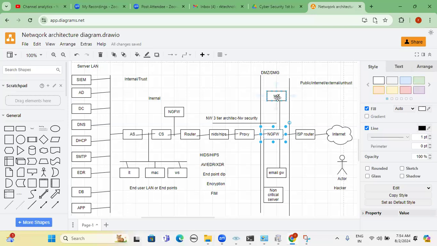What will this web application firewall do? A web application firewall will prevent and block all OWASP Top 10 categories of attacks. Especially on the application side, we have a couple of attacks like SQL injection, cross-site scripting, broken authentication, broken access control, insecure design, CSRF attack, SSRF attack, man in the middle attack, session hijacking.